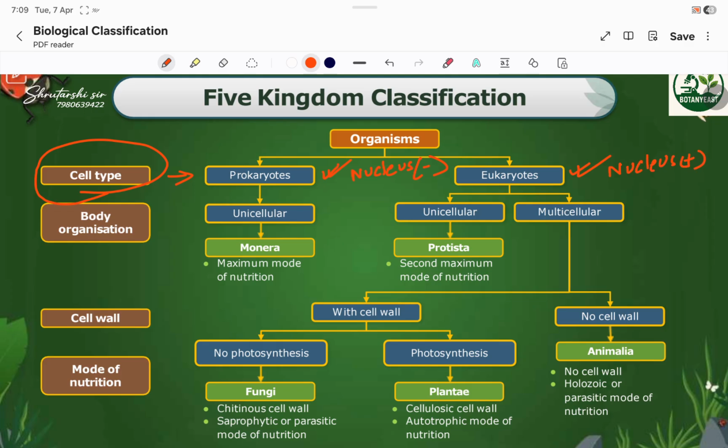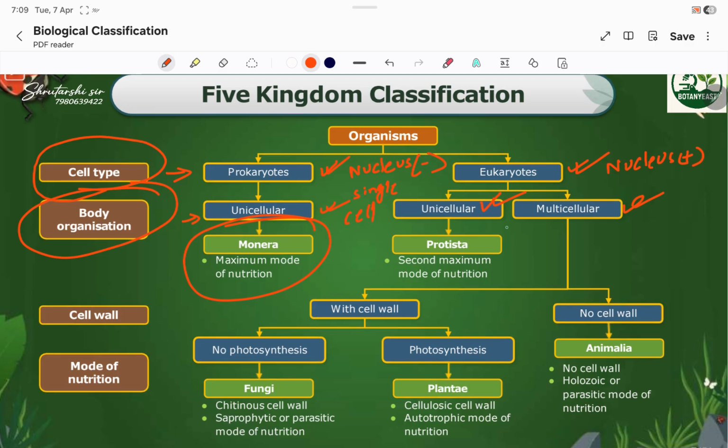If they are eukaryotes, we look again into their body organization. They can be unicellular, that means a single cell. In case of eukaryotes also, they can be unicellular and multicellular. Okay. The example of unicellular prokaryotes is the Monera. Okay. The kingdom Monera comes over here. The example of eukaryotic unicellular organisms is the kingdom Protista.